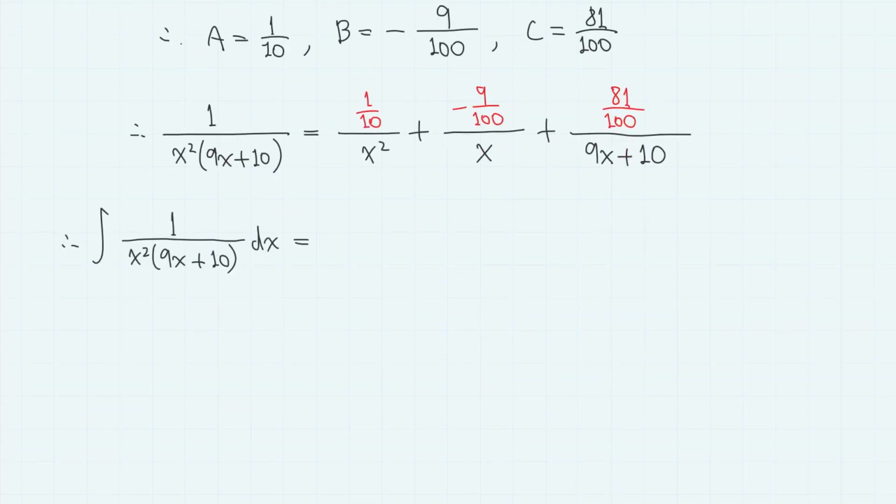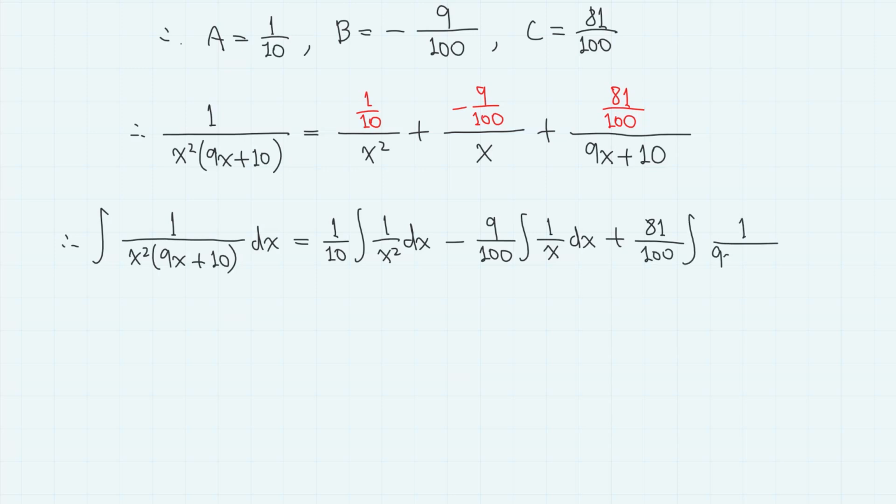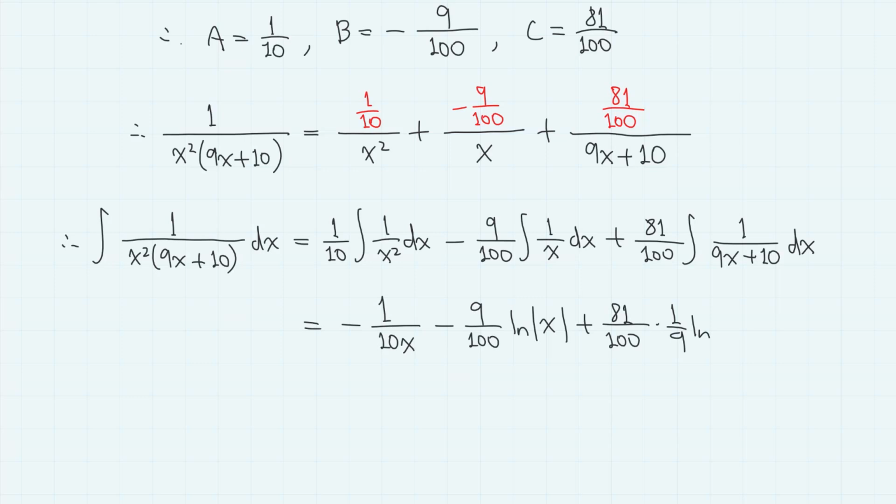Therefore, the integral is now converted into 1 over 10 times the integral of 1 over x squared, minus 9 over 100 times the integral of 1 over x, plus 81 over 100 times the integral of 1 over 9x plus 10. So we obtain minus 1 divided by 10x, minus 9 over 100 ln absolute value of x, plus 81 over 100 times 1 over 9 times ln absolute value of 9x plus 10.